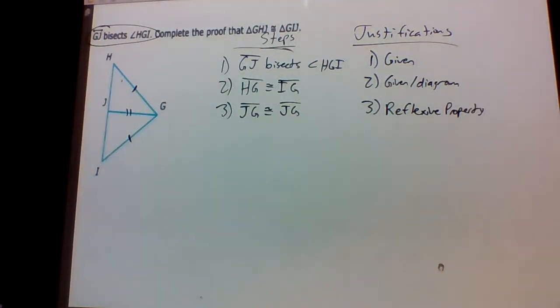JG is congruent to itself. If you look in the mirror, you see yourself, you're congruent to yourself. You could have also said JG is congruent to GJ, but then you would have to put symmetric property. In this case, it's better to use reflexive because they're going in the same direction, but I would accept either one.